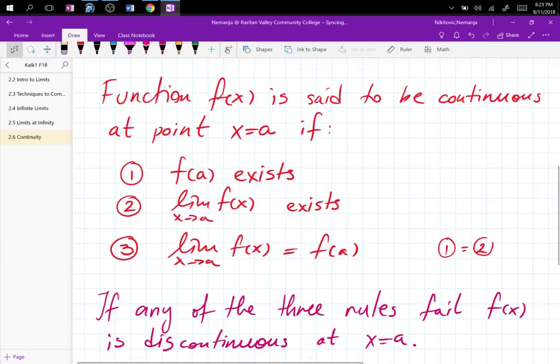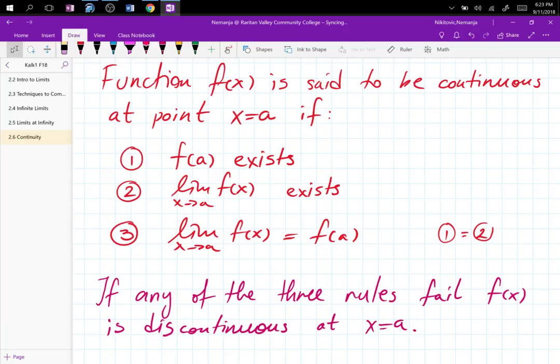So these are kind of two definitions in one. What it means to be continuous at a point and what it means to be discontinuous at a point.